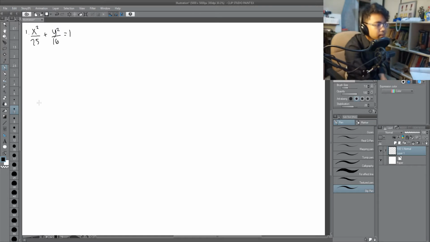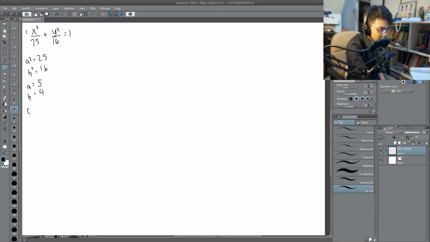From this, we can already deduce a squared and b squared, which are 25 and 16. Let's write that down. And we can already get a and b. What's the square root of 25? It's 5. What's the square root of 16? It's 4.